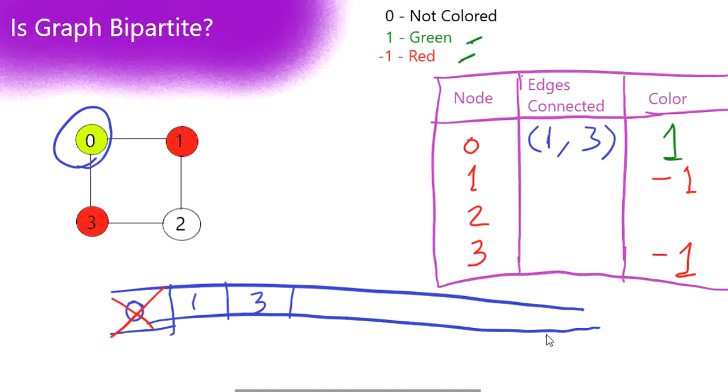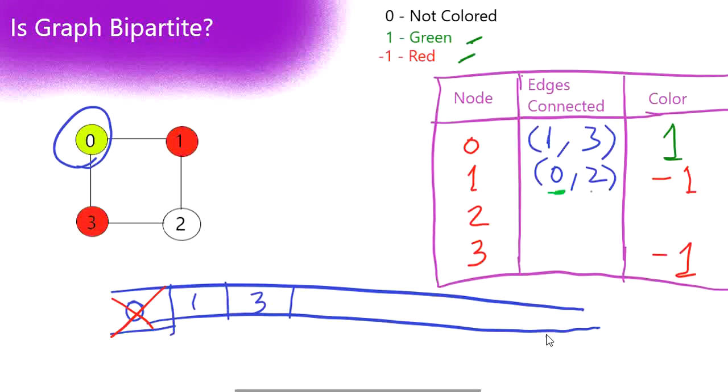So now it's time to check 1's neighbors. 1's neighbors are going to be 0 and 2. In this case, we are going to check if 0 is already colored. Yes, 0 is already colored in green. Now moving on to 2, we are checking whether 2 is already colored. No, 2 is not colored.